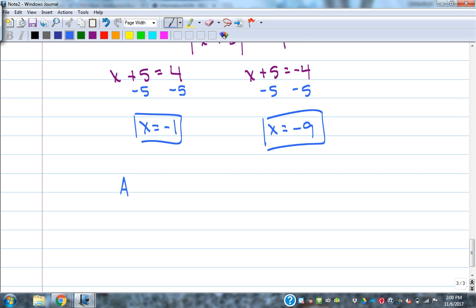Okay, so what you're going to work on today is on page 393, 3 through 31, all. Some of those there in the beginning are like the no-step problems where you just got x equals positive 8 and x equals negative 8, that sort of thing.